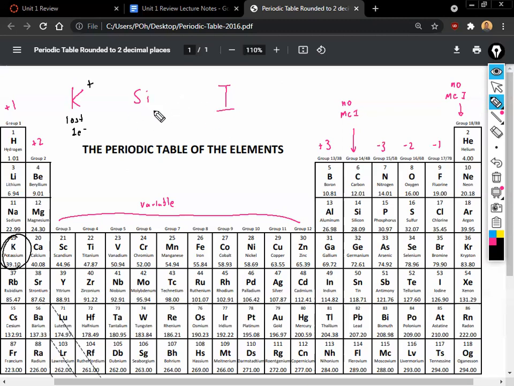Okay, silicon, what did you guys get for the MCI? Yeah, none, right? So you would just write no MCI because it's in the column with no MCI. Silicon has no MCI, doesn't want to do anything. And then lastly, iodine, I think you guys got the pattern. Iodine is going to be -1 because it's in the -1 column.